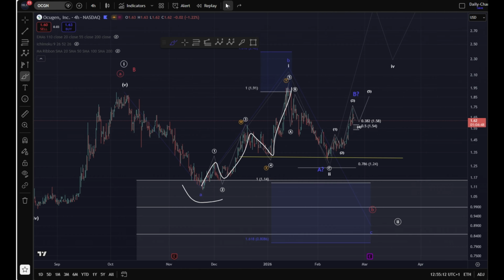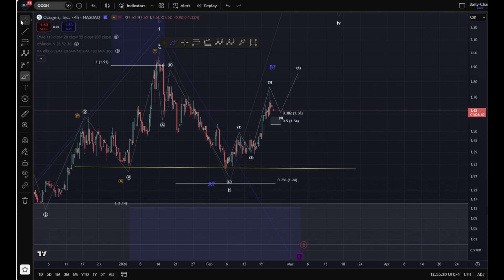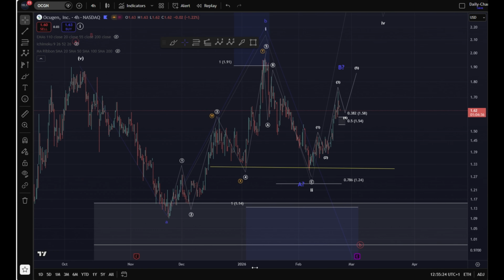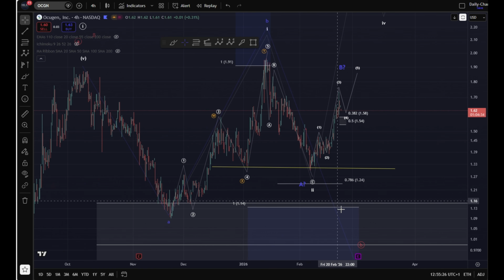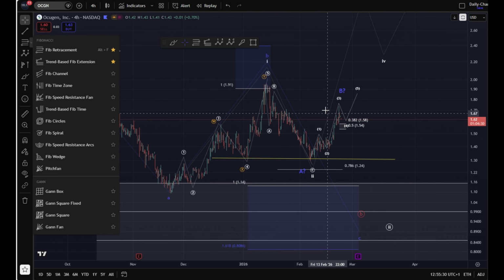So let's jump in, and we are already on the 4-hour chart here. In the white scenario, we wanted to see a breakthrough of the $1.61. Why? Because the C wave to the downside would get invalidated at that point. I think it was here, what was it?